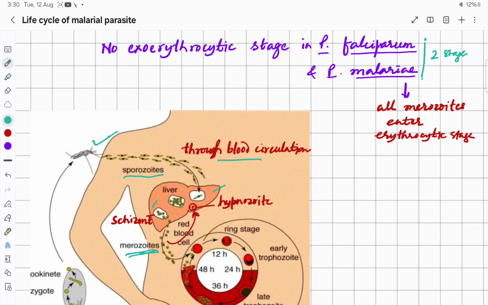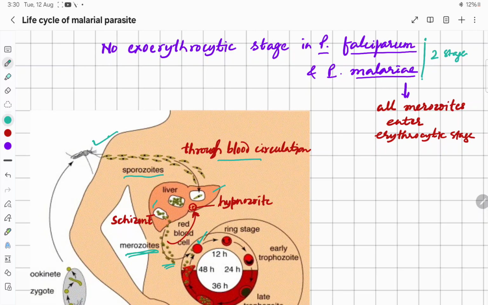So the sporozoites divide and develop into multinucleated schizonts in the liver parenchymal cells, and these schizonts mature within 8 to 21 days to form these mononucleated merozoites. So these merozoites now can attack the red blood cells, RBC or erythrocyte.